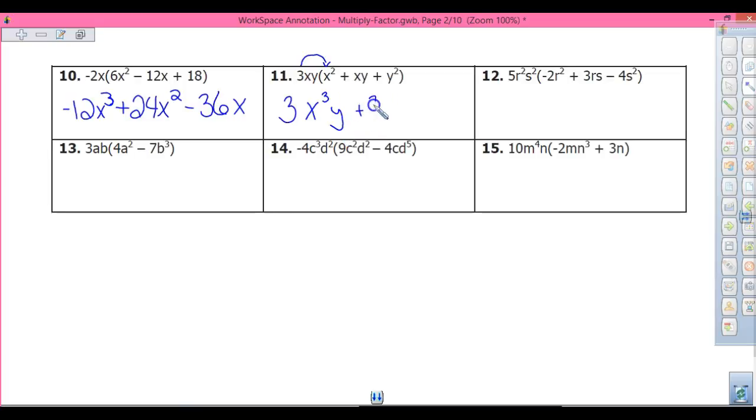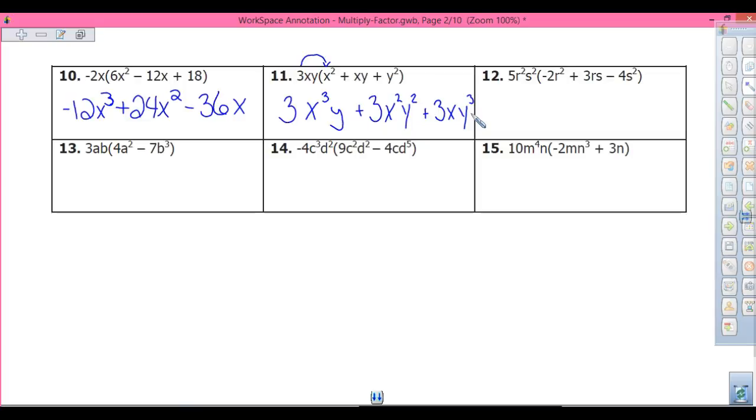Plus x squared y squared. Yep, because I have x to the first, y to the first. And then plus x, yep, y cubed, because there was nothing to combine with the x. So we had another x squared that had to go with my y, or y squared to go with my y.